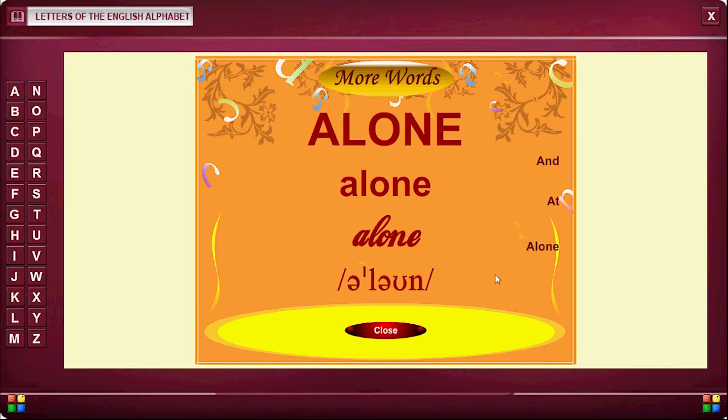This alphabet is presented in two ways, two manners. If it is for the teacher, it is like that. When it is presented to the students, we avoid the explanations and the presentation will be like this.